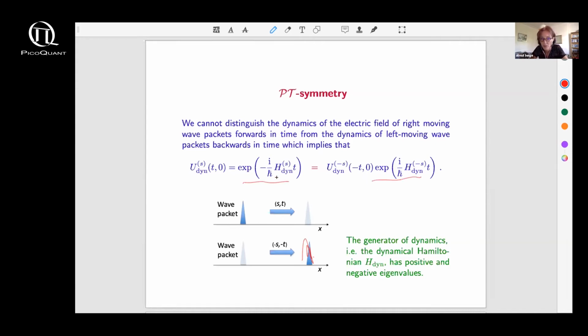But in one case you have time being positive, in the other case you have time being negative, and that tells you that when you change the direction of motion for your wave packets, your dynamical Hamiltonian, the Hamiltonian in the Schrödinger equation, has to change sign. So that means we can describe light by a Schrödinger equation like everything else, but we have to allow for Hamiltonians that have positive and negative eigenvalues.